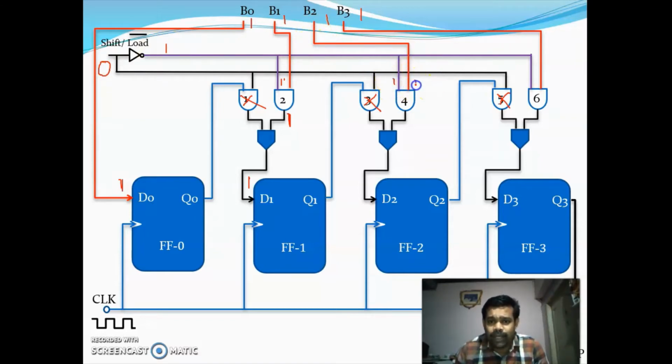So 1 into 1, the output of the AND gate will be 1. In the OR gate, if any one of the inputs is 1, the output will be 1. Similarly for gate 6, one of the inputs is already 1 and the B3 value is 1, so the output of gate 6 is 1 and the output of this OR gate is 1. This is the operation which occurs when you give 0 to the control input.